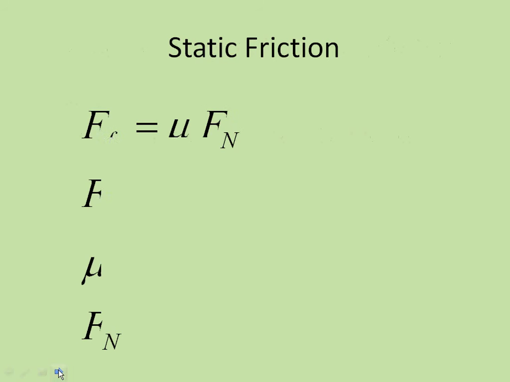So, static friction. Let's look at what all these variables mean. So, this first one is defined as, that's 3 lines, the frictional force, let's write it a little differently, the static frictional force.